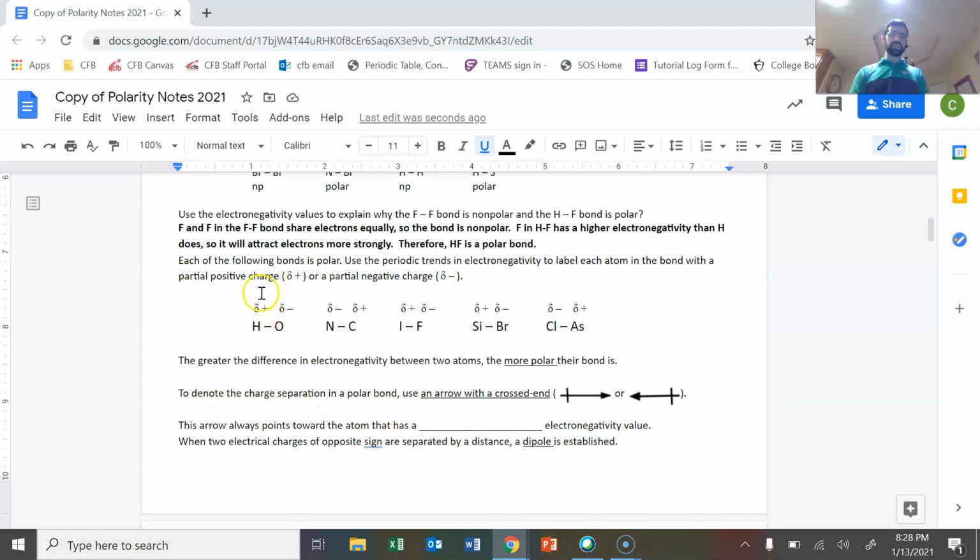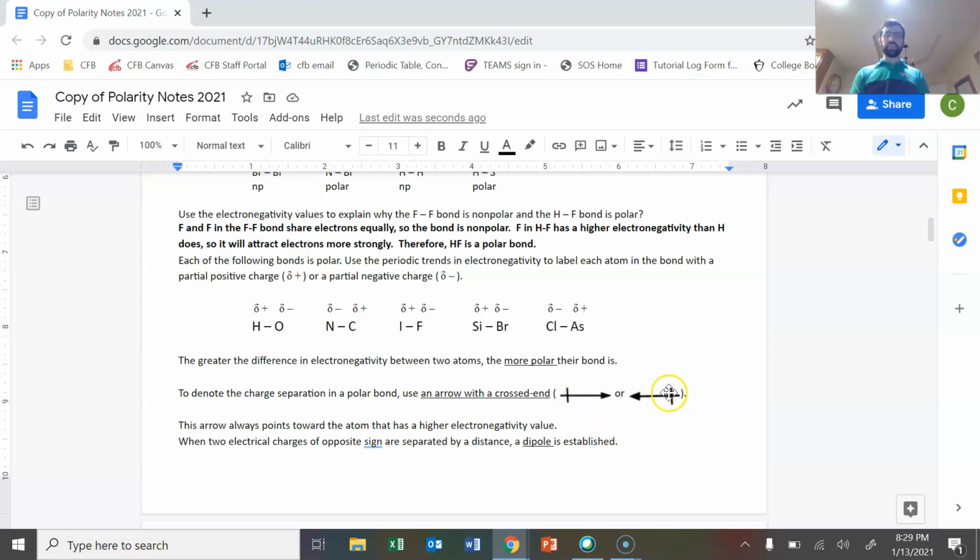Another way of showing the same thing, positive side, negative side, is using an arrow with a crossed end. The crossed end is the positive side and the arrow end is the negative side. So the arrow always points toward the atom that has a higher electronegativity value. I think of this as looking kind of like a plus sign. The crossed end looks like a plus sign, it's positive, and the other end points to the most electronegative element.